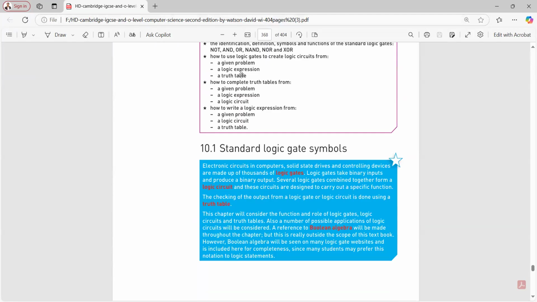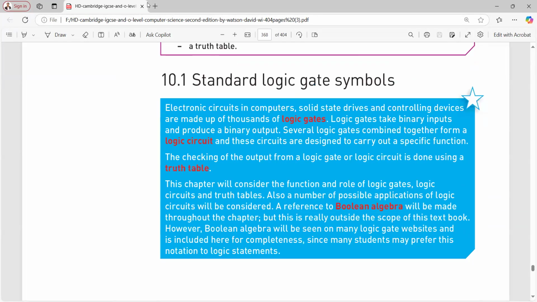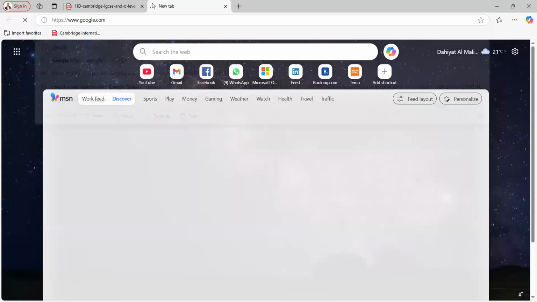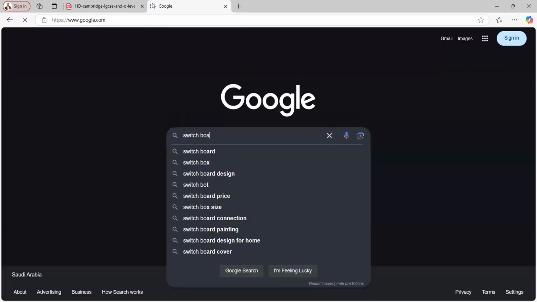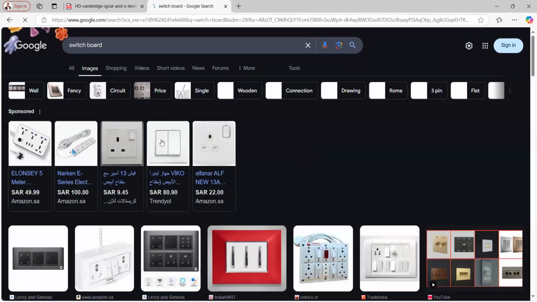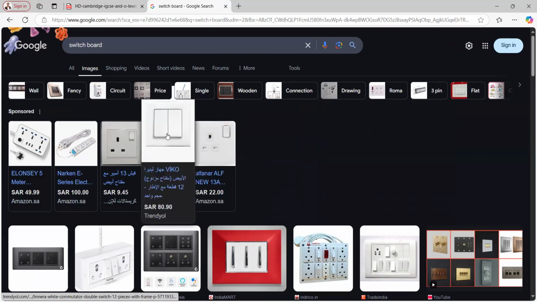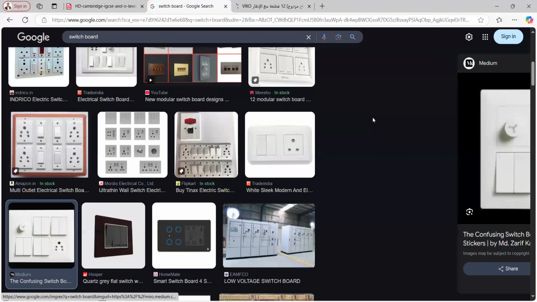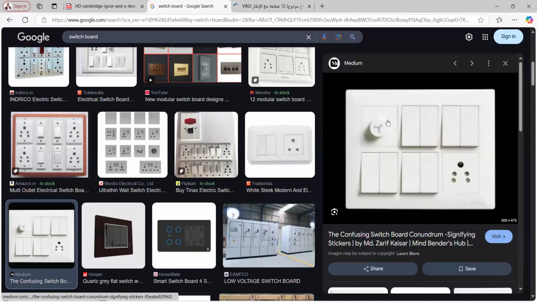If I start the lesson with the basic example of a switchboard right here. Yes. So, Mr. Ryan, right here you have two options. Can you explain what is the purpose of this switchboard?